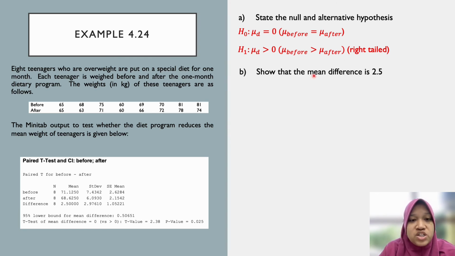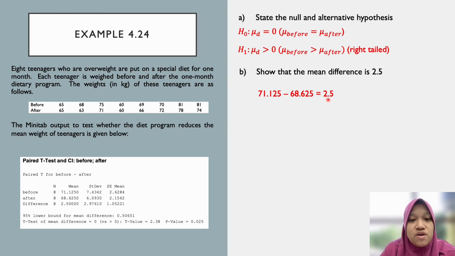Okay, B, show that the mean difference is 2.5. So how do we get the value of 2.5 here? We can calculate it by subtracting the mean before minus the mean after, meaning 71.125 minus 68.625.